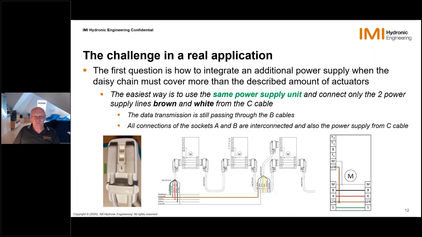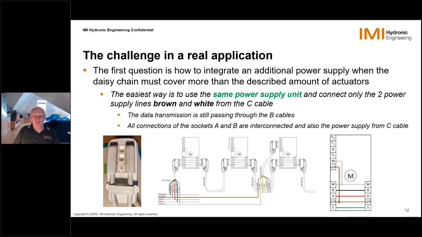And on the other hand, it's important to know that all of these lines are interconnected. So here there is M, the mass. That is the white one. All 3 cables, all 3 plugs here are interconnected. The A and the B is only from the left one to the right one, and the 24 volt power supply is also interconnected to this C cable here.